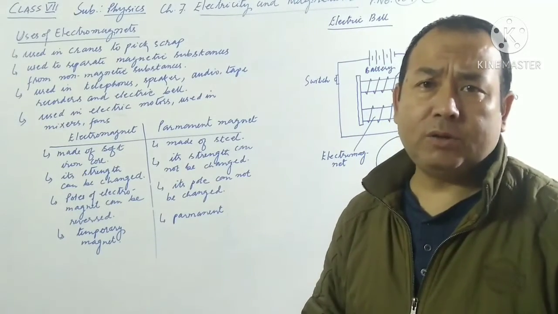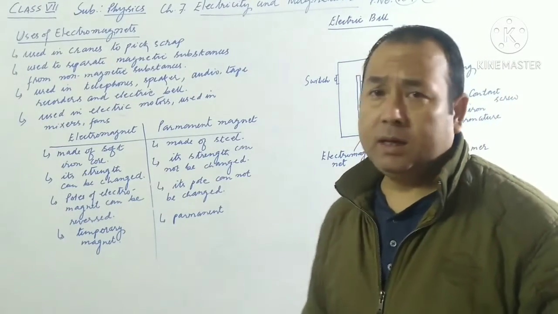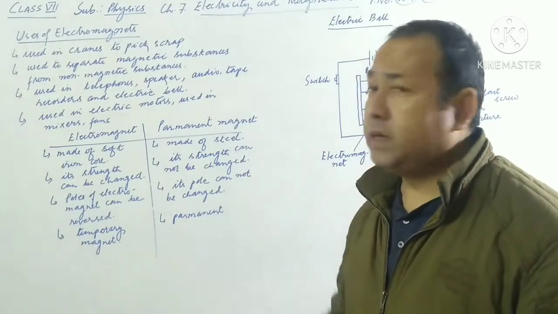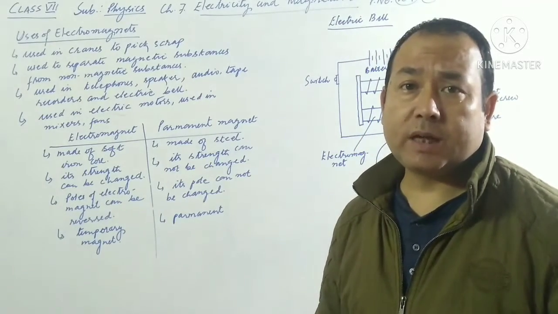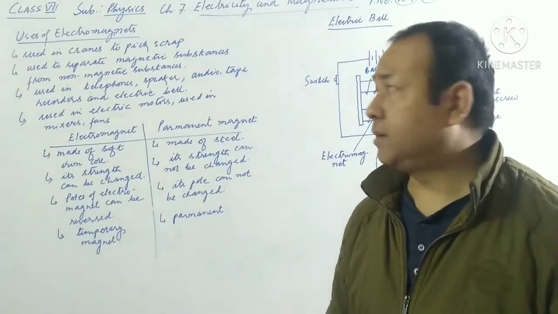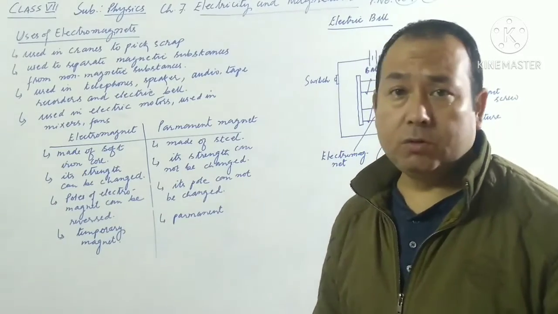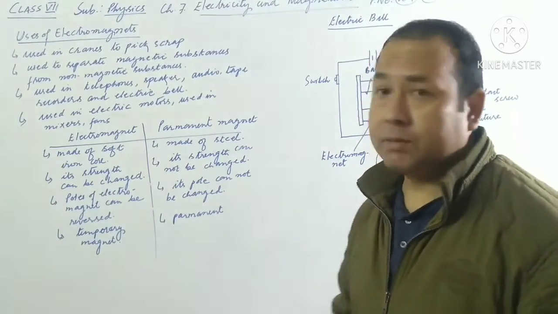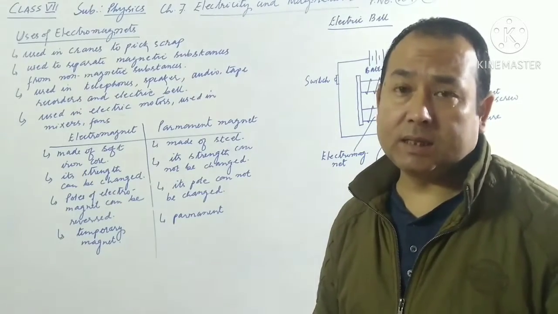An electromagnet is actually a magnet, so it is mainly used in cranes to pick up large scrap which is usually made of iron. It is also used to separate magnetic substances from non-magnetic substances.